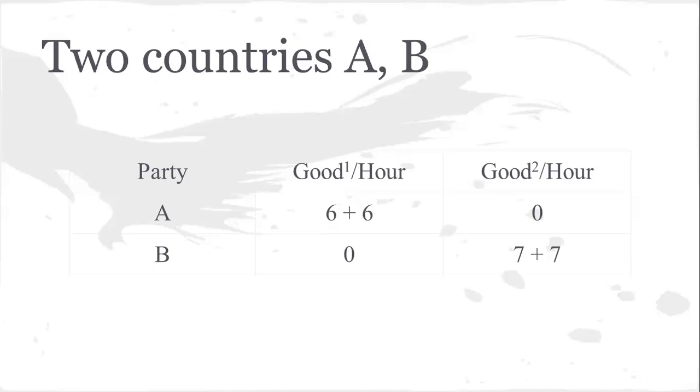A doesn't need to produce good 2 and take a loss and lesser profit, because he can give all his efforts to good 1 and import good 2 from B, while B produces only good 2 and imports whatever good 1 he needs to meet his demand.